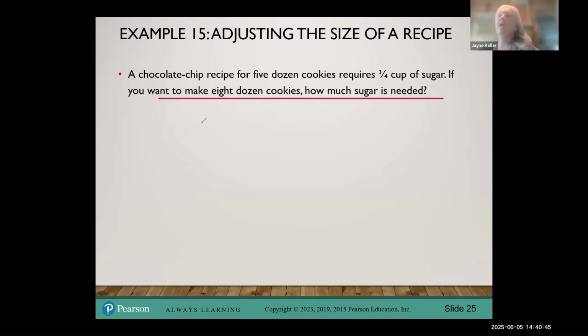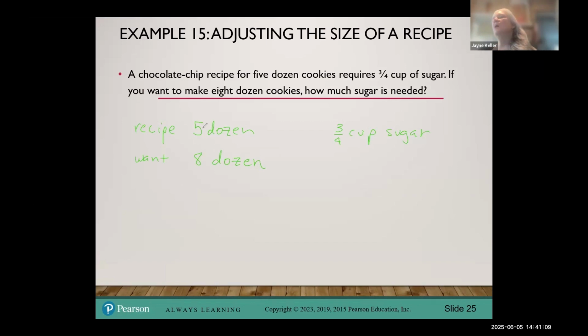Well, so the recipe makes 5 dozen, and I want 8 dozen. And so 3/4 cup is how much sugar I need for this.